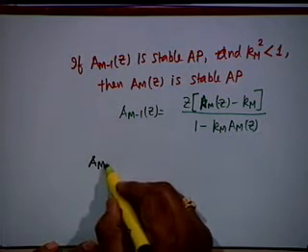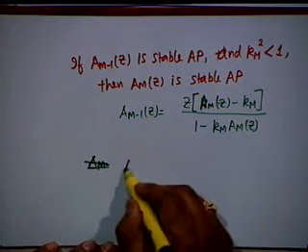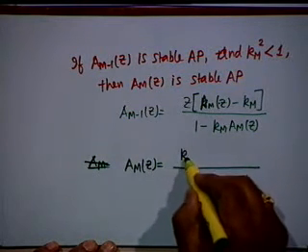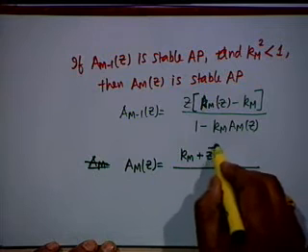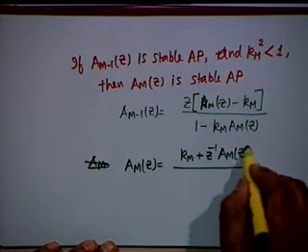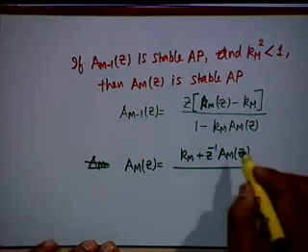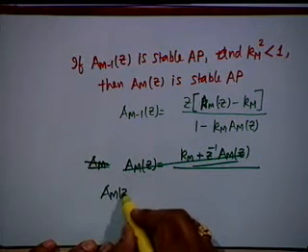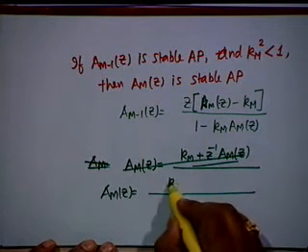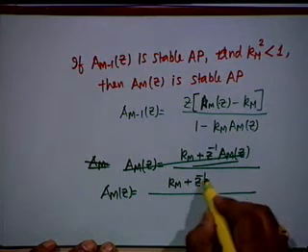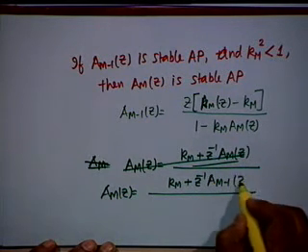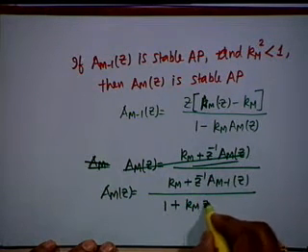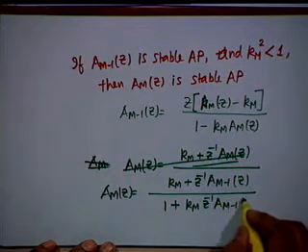A_M(z), let us write it again, equal to K_m plus z inverse A_{M-1}(z) divided by 1 plus K_m z inverse A_{M-1}(z).